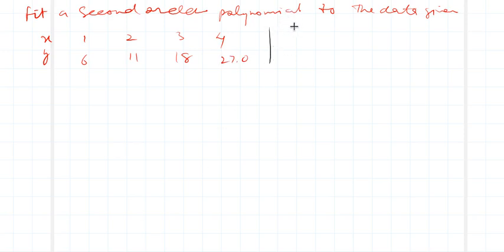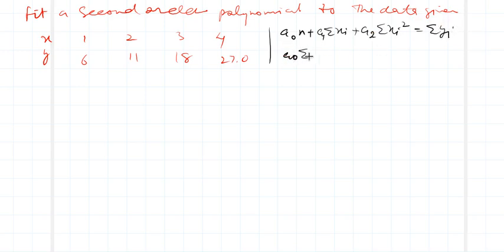Let me recall the equations which are needed for the quadratic polynomial. That is a naught n plus a1 summation xi plus a2 summation xi square is equal to summation yi.